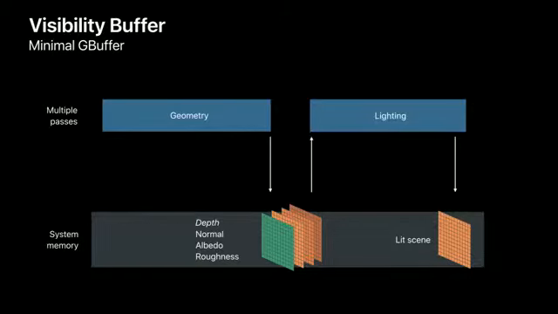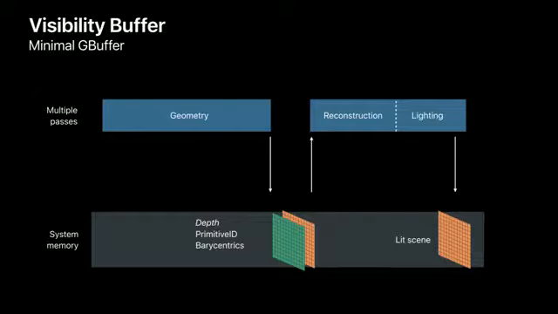The visibility buffer technique tries to minimize the intermediate buffer bottleneck in another way, namely by storing the absolute minimum amount of data in that buffer. Instead of storing all the surface and material properties per pixel, we only store a primitive identifier and barycentric coordinates.